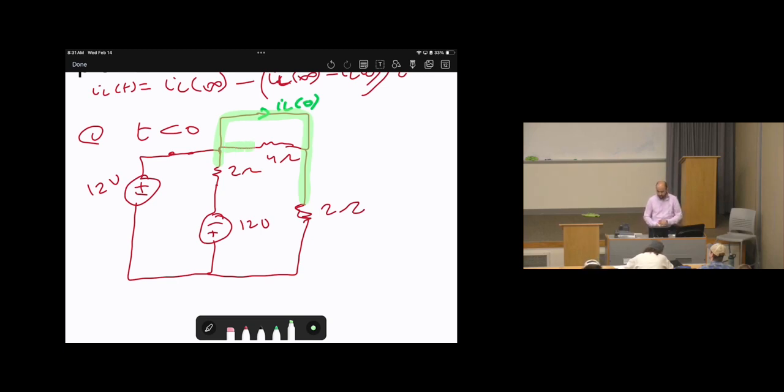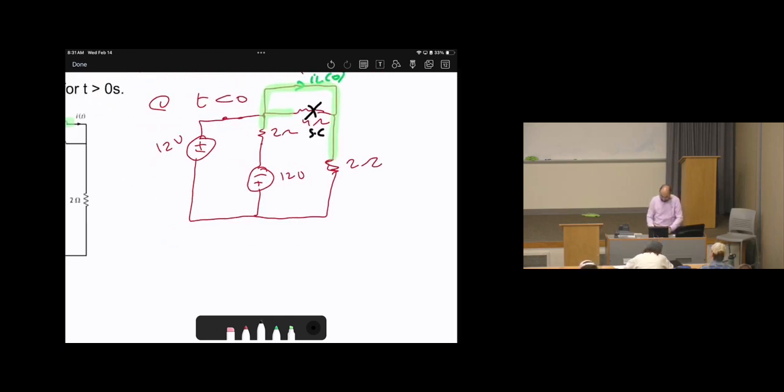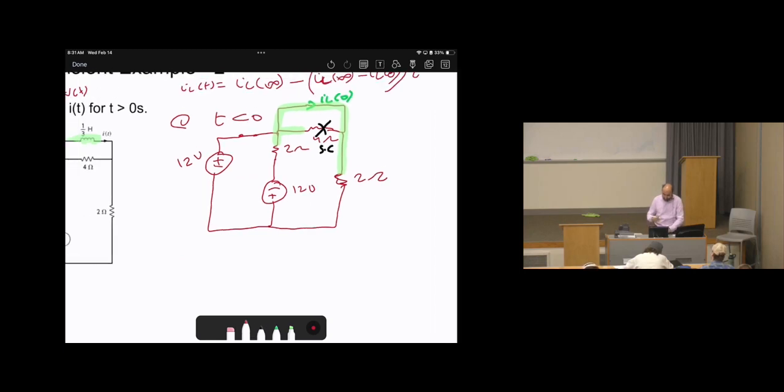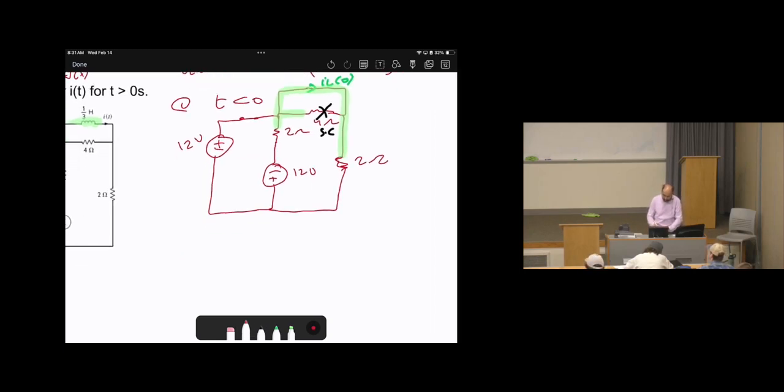So for the 4 ohms, it's the same node at both ends. This means it is what? Short circuit. So this one can be cancelled because it's short circuit. SC means short circuit. So the next step, in order to simplify the question, I encourage you to redraw the circuit after erasing the 4 ohms resistor because it's short circuit.